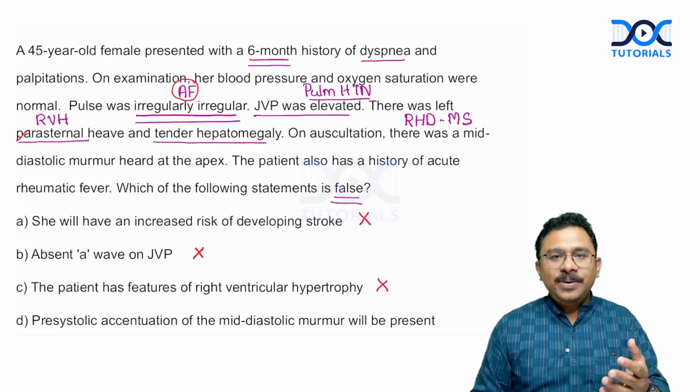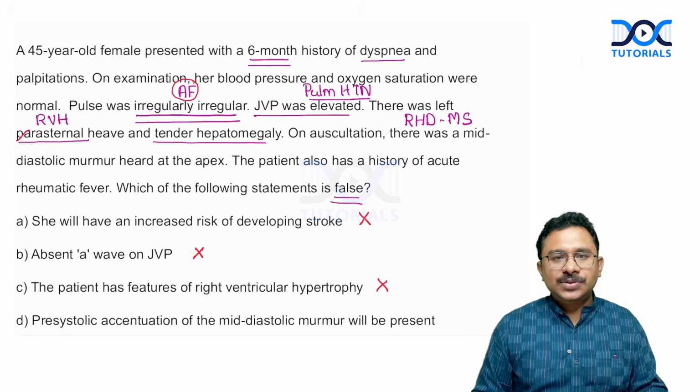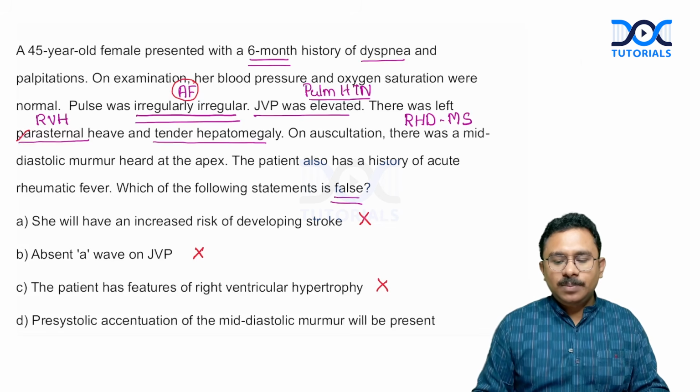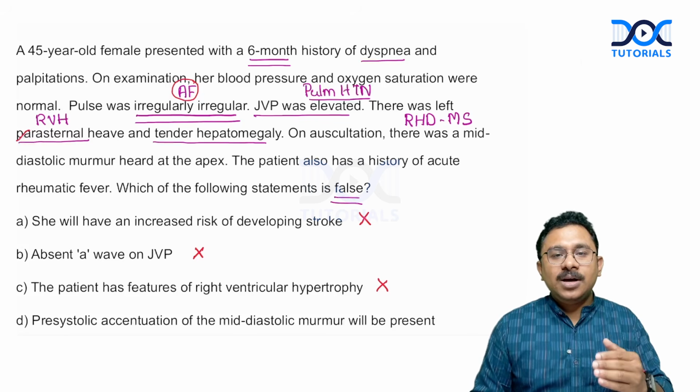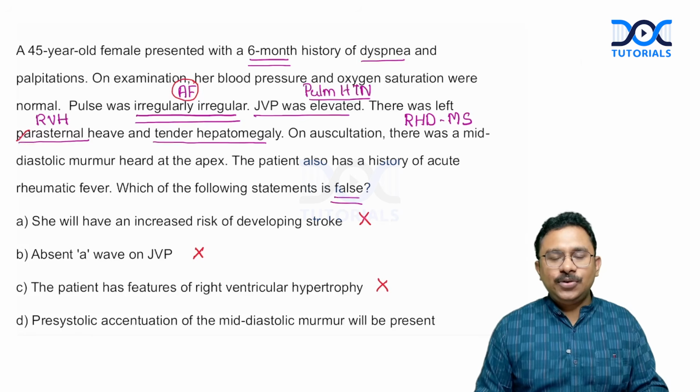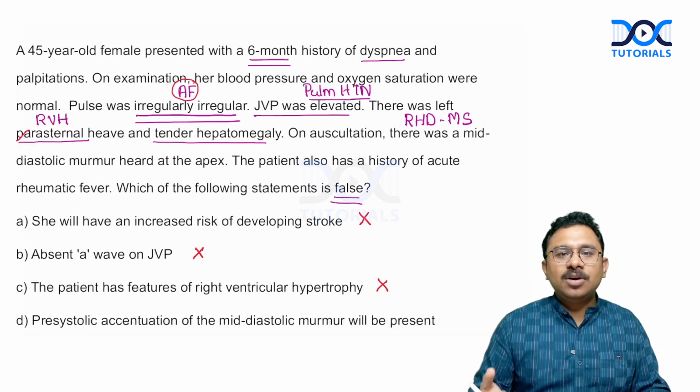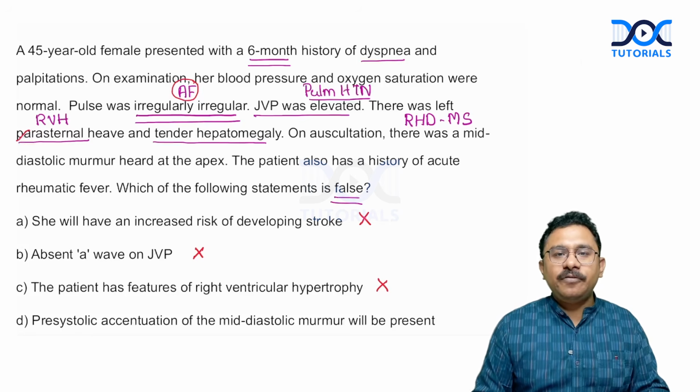Now, when you have a patient with mitral stenosis with a mid-diastolic murmur, one of the properties of the murmur is that it can have a presystolic accentuation. So there can be some sort of increase in the intensity of the murmur just before the systole.